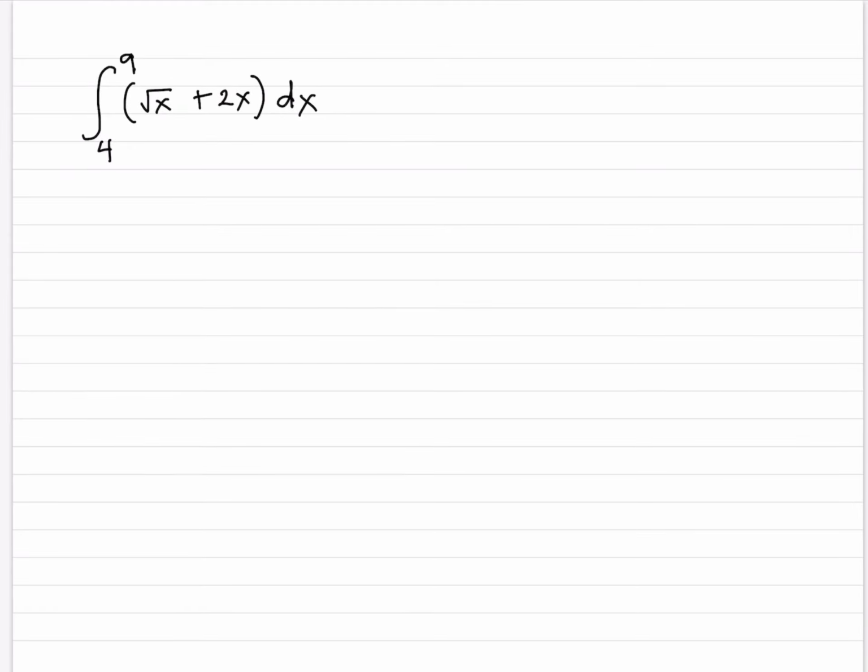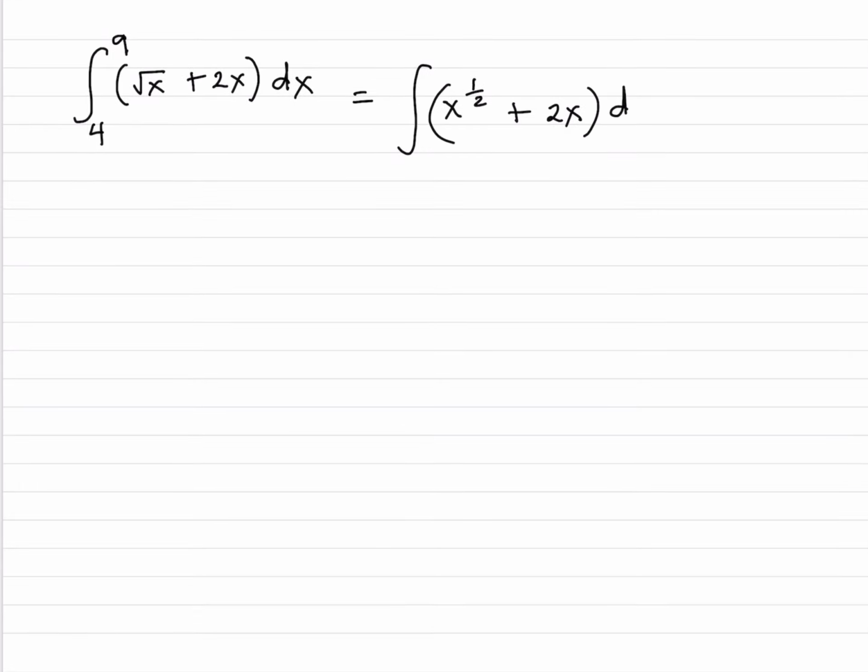And we can further rewrite this into the integral of, in exponential form, square root of x is x raised to 1/2, plus 2x dx evaluated from 4 to 9.